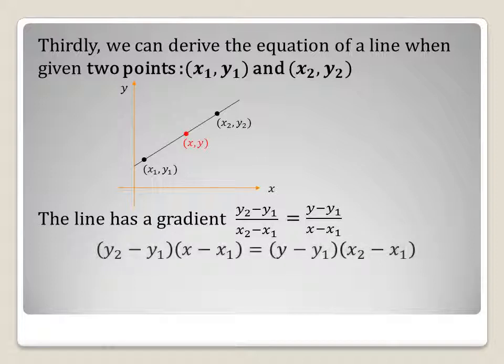Rearranging this equation with the aim of having y values on one side and x values on the other side, it becomes (y minus y1) over (y2 minus y1) equals (x minus x1) over (x2 minus x1).